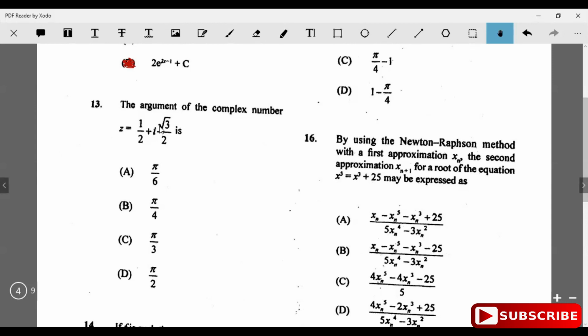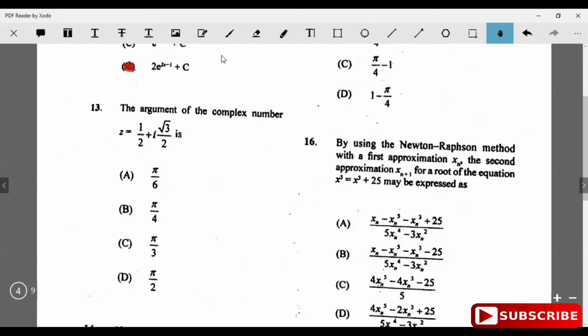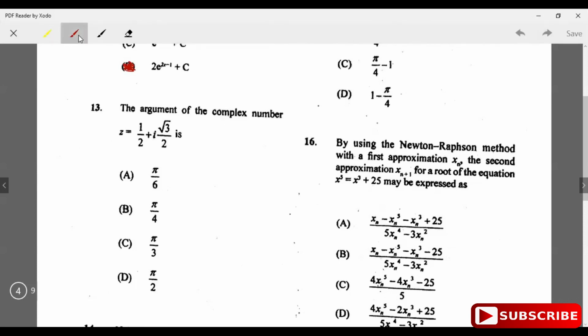If z is equal to a plus bi, then the argument of z, I'm going to call it theta, is tan inverse of b over a. So the argument of z is the tan inverse of root 3 over 2 divided by 1/2.